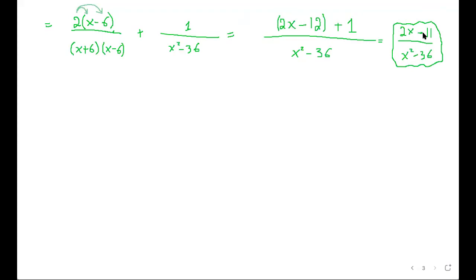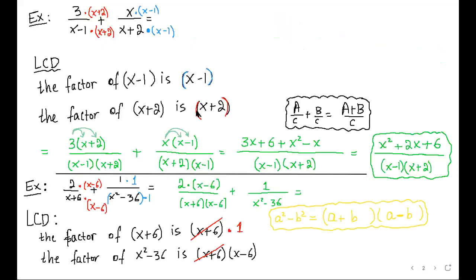Any question for this one? So I gave you 2 examples. The first example was without canceling any common factor from the denominator. But for the second example, we cancel the common denominator and we multiply by whatever remains after canceling.